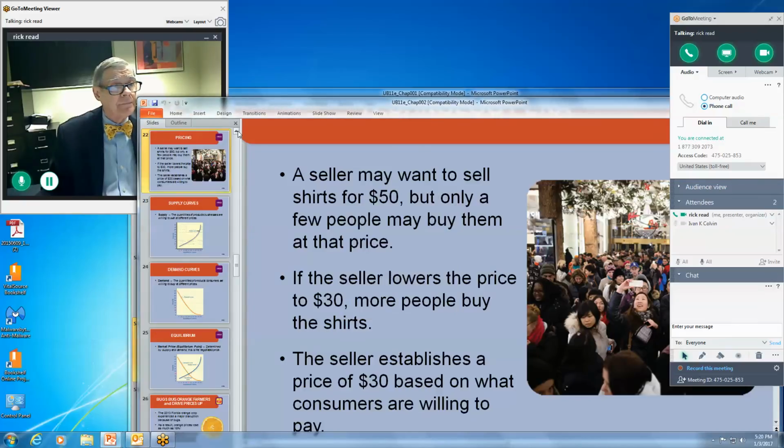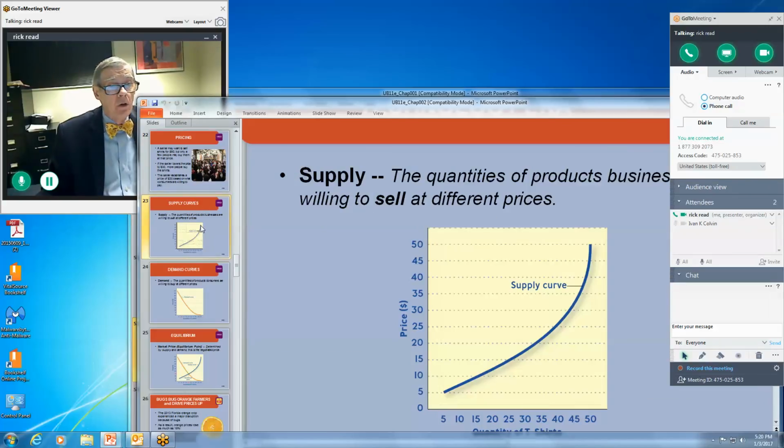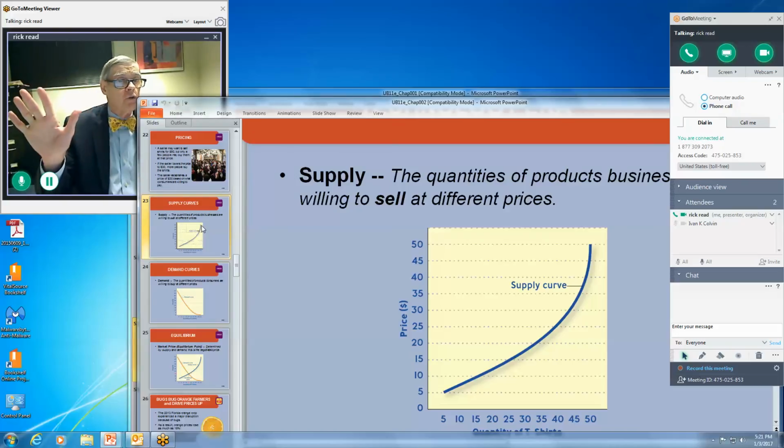So what we have then is what's known as the supply curve, and we'll also see the demand curve. You can see the supply curve at figure 2.1, the demand curve, figure 2.2, and then the equilibrium point, figure 2.3. All these are found on page 38. So we don't have to worry too much about these curves. What I want to tell you is this: if the curve is going in direction to the right, it's good.